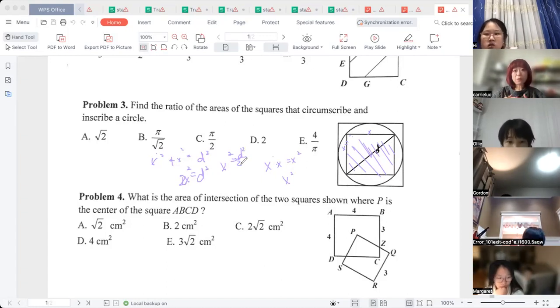Okay, so let's take a look at this one. They want to find out the ratio of the area of the square to the inscribed circle. So how do we find out the area of the inscribed circle? It's d over 2 times d over 2.